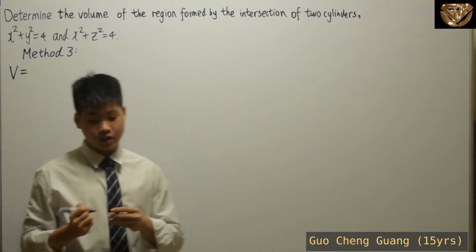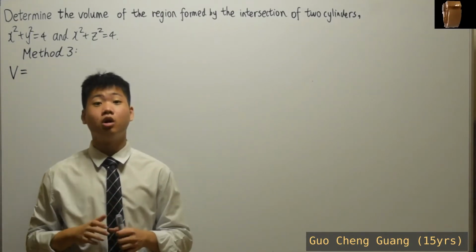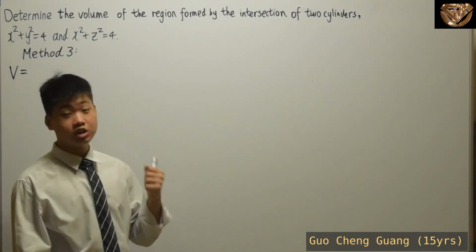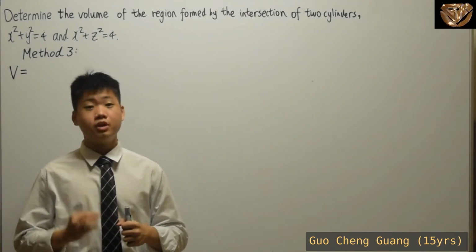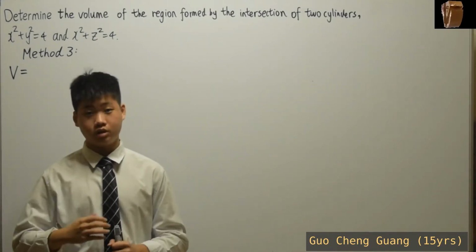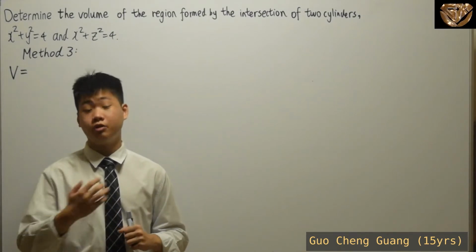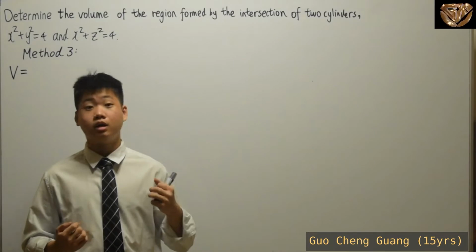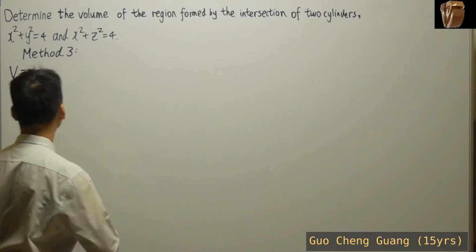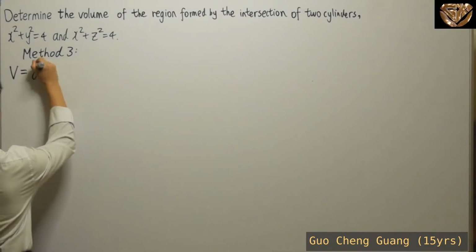Once again, we can split this into 8 separate octants, since this shape actually has the same amount of volume in all 8 octants. So you can just take the first octant and multiply that volume by 8.